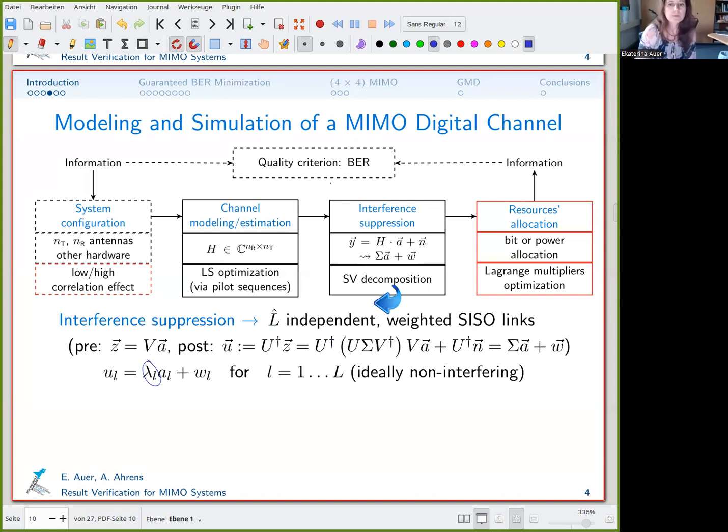If we use this, then we obtain a number of independent, weighted, single input, single output links that result from this diagonal matrix Sigma.